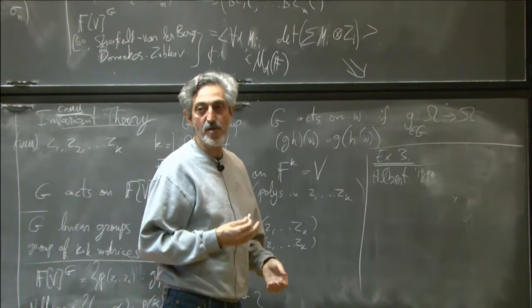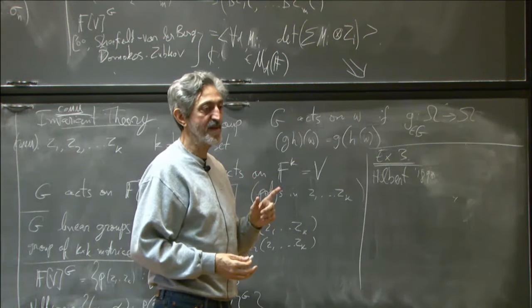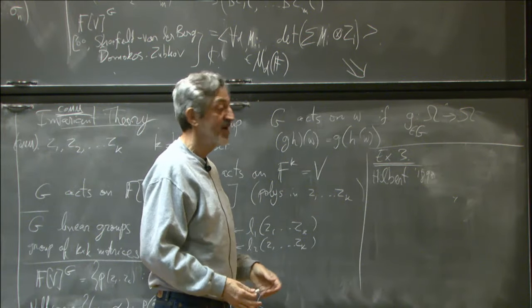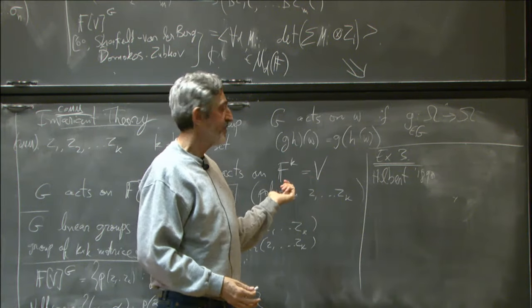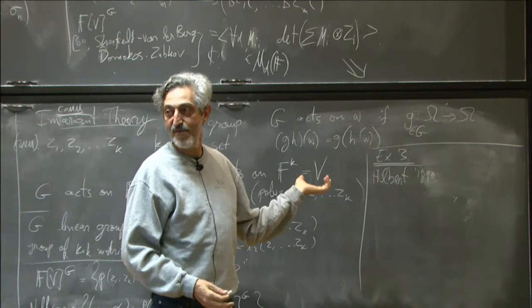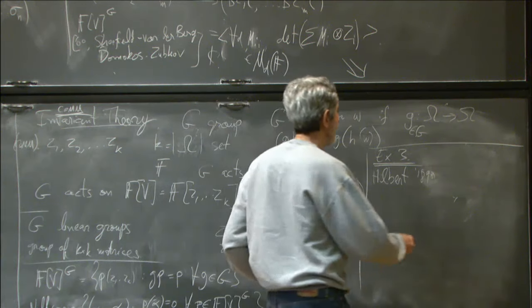And he developed all this machinery for one purpose; then it found many other purposes. He developed it in order to understand invariant theory and finite generating sets, the second fundamental theorem.